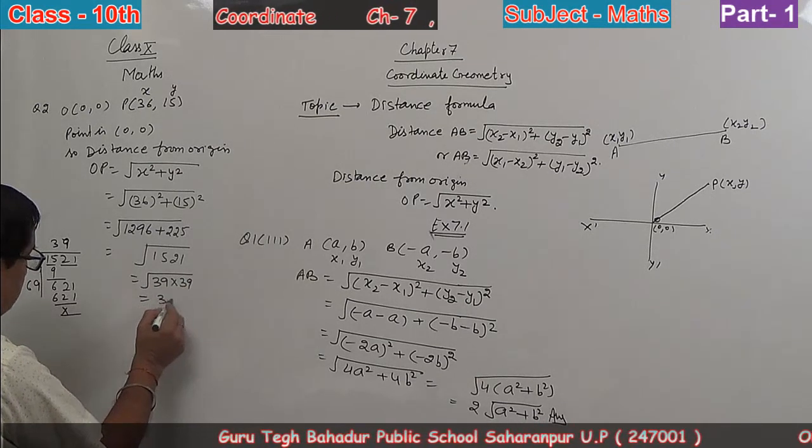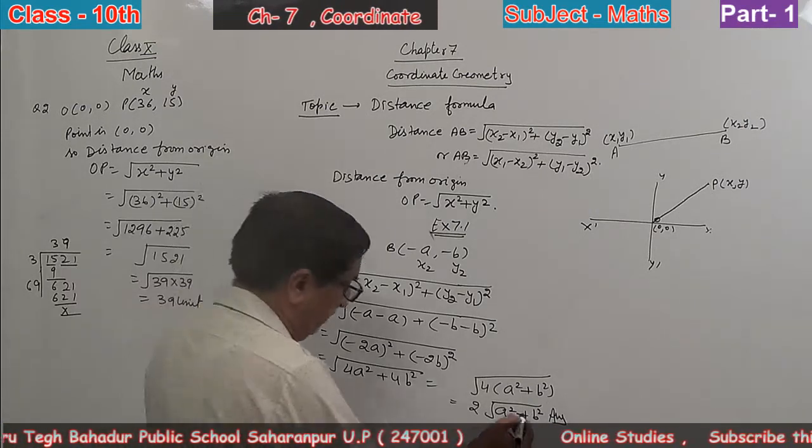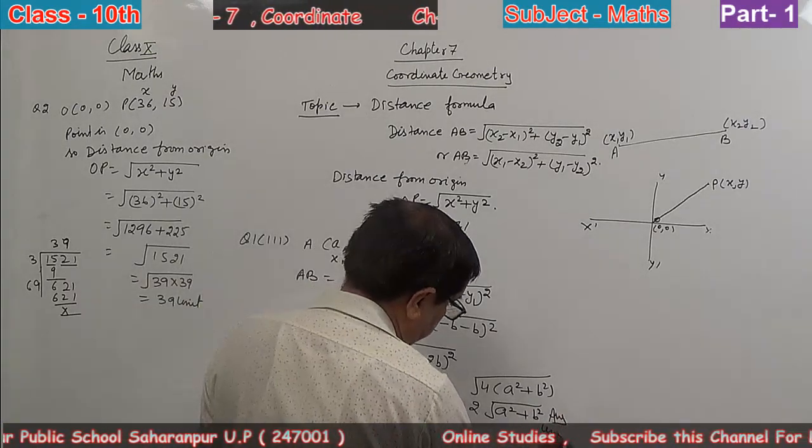So the answer is 39 units. So distance is written in units.